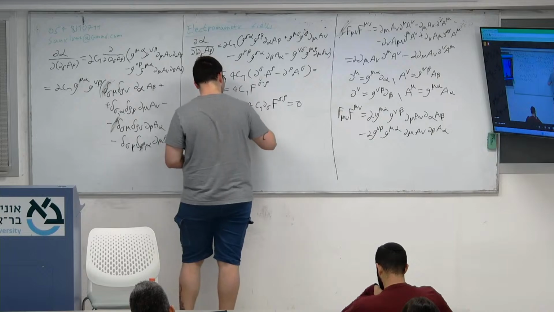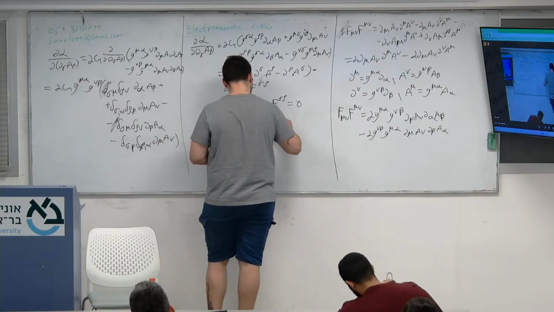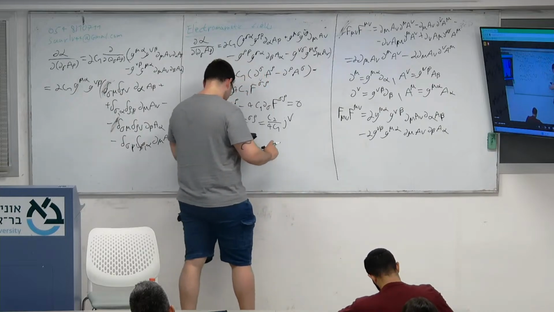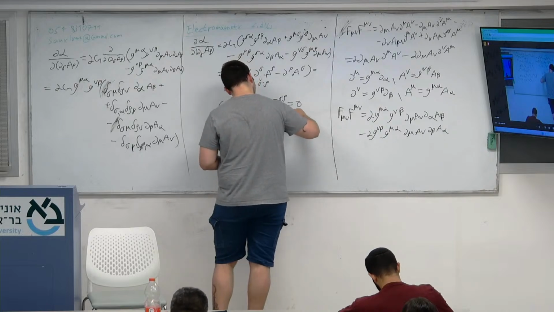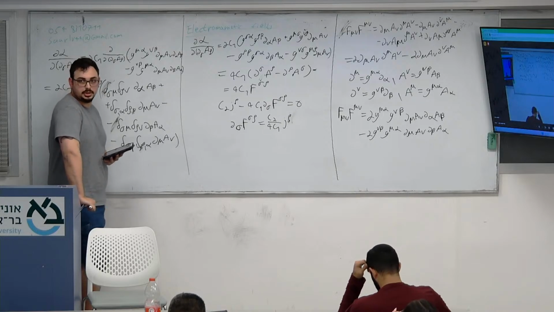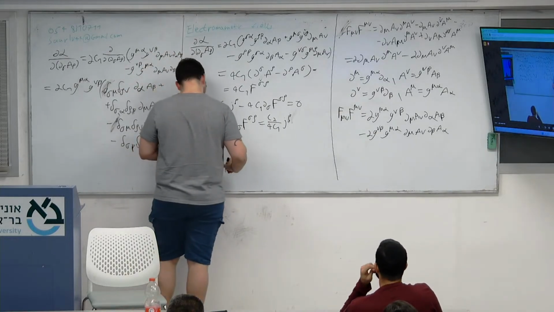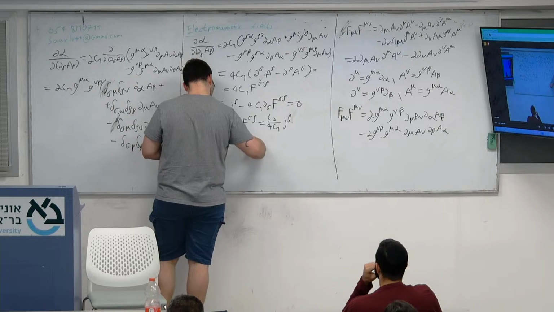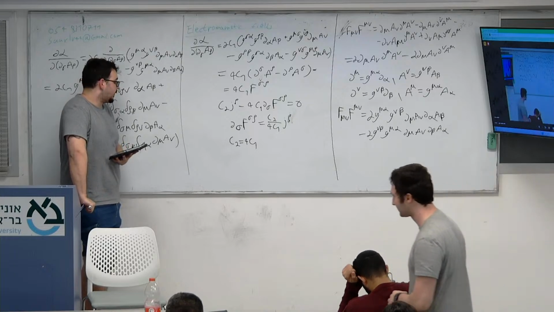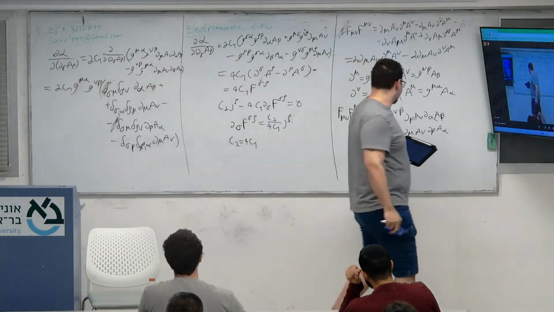Or if we organize it a little bit, derivative sigma F sigma rho equals C2 divided by 4 C1 J rho. And we saw this equation earlier when we formulated the electromagnetic equation, with an index of 1 here. So we know that C2 equals 4 C1. So now we only have one of these constants left to find.